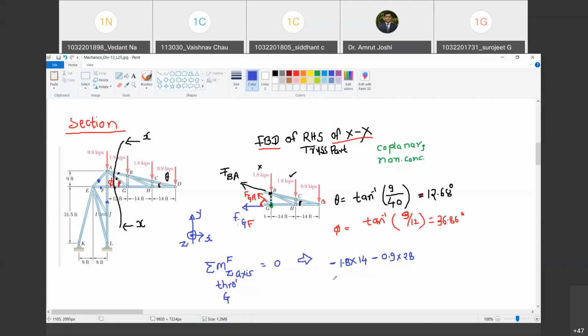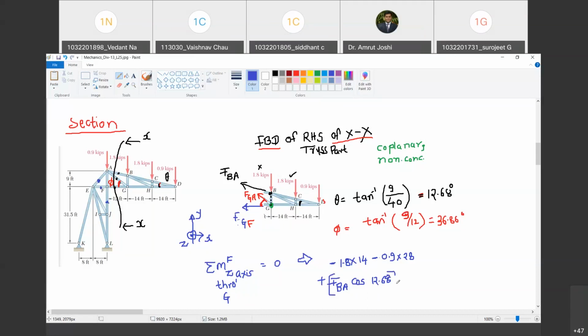Yes, sir. And how much is that moment? It is going to be FBA cos theta multiplied by the vertical distance. What kind of moment? Anti-clockwise moment. So therefore, positive. Happy? Yes, sir.